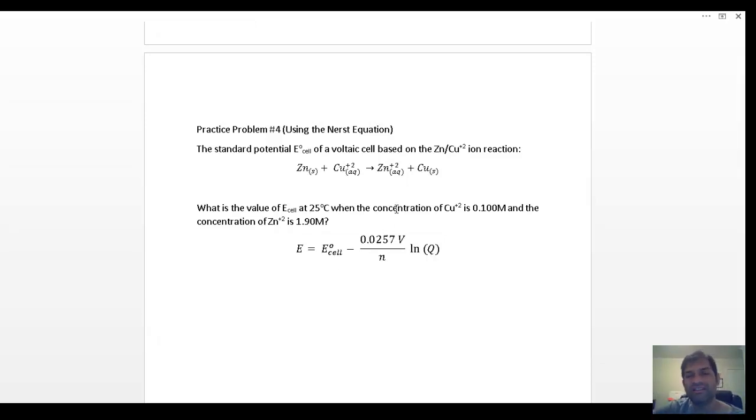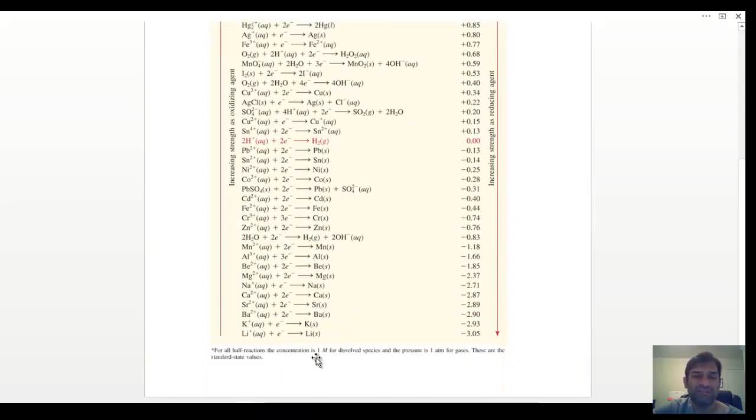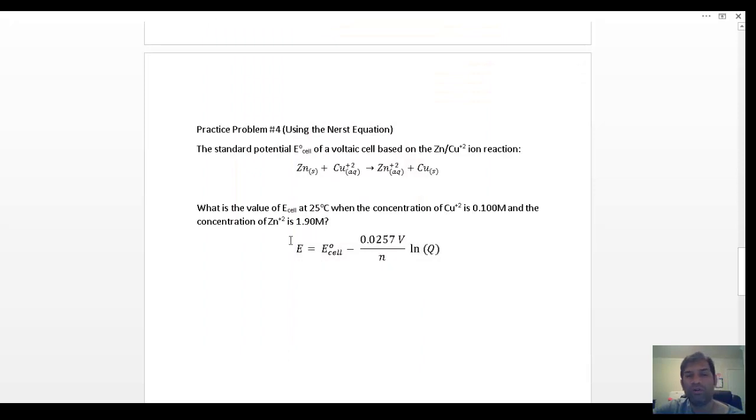Non-standard state conditions, you could automatically tell, okay, 0.10 is not standard state, and 1.90 molar for zinc plus 2 is not standard state. Going back to our potential table, these voltages are at a specific condition, and actually it's 1 molar. So in this problem, we don't have 1 molar, we have all these weird concentrations. So we're going to utilize the Nernst equation.